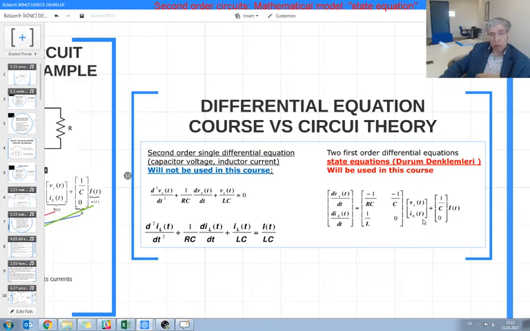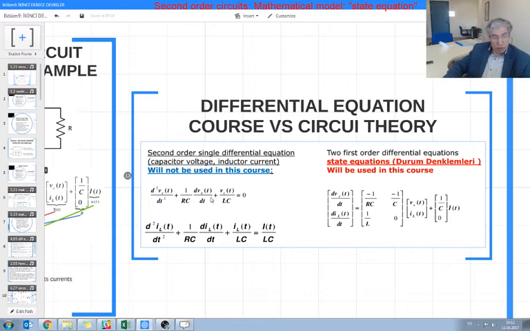The alternative, mathematically, is to transfer those 2 equations to just one equation by variable elimination, in which a second order derivative is included and only one variable is included.